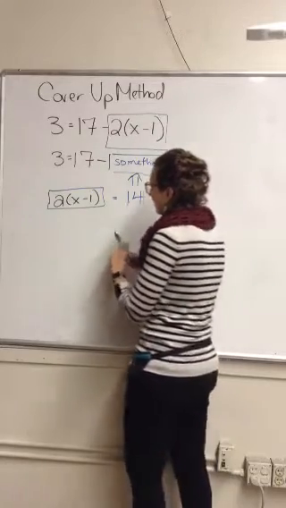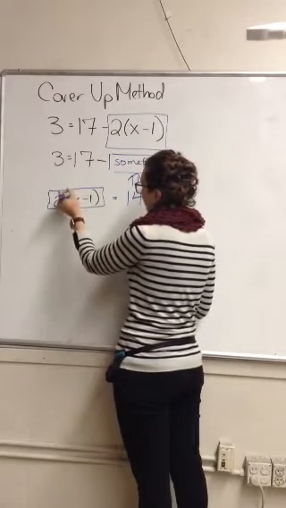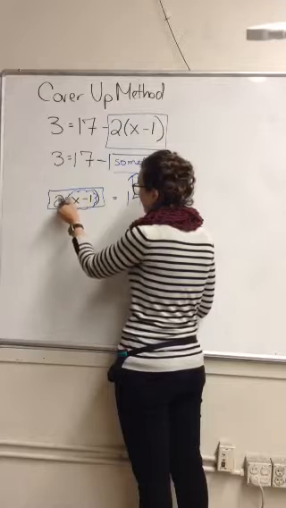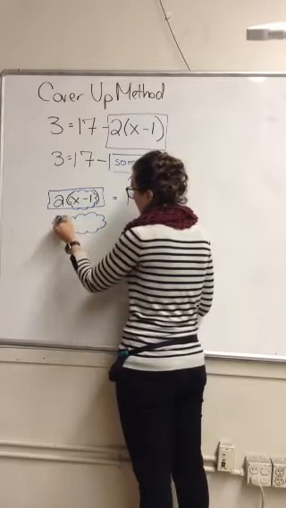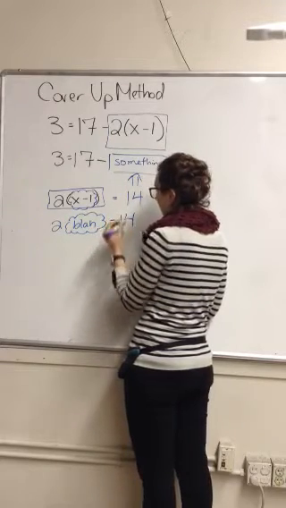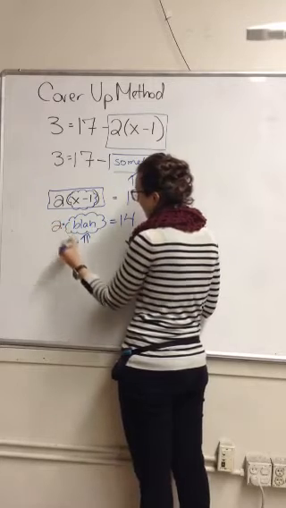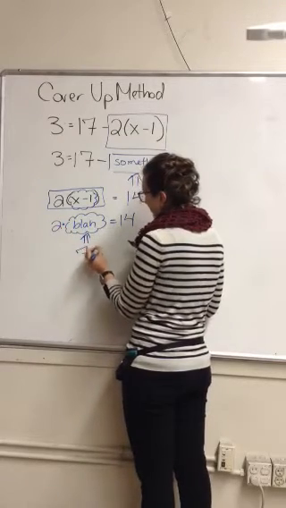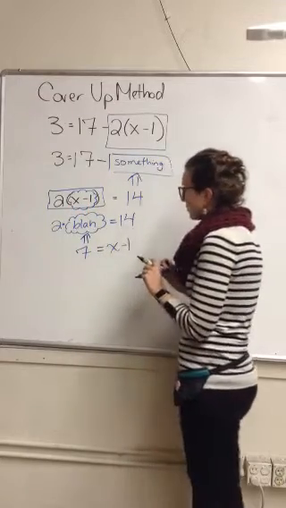I know that 2 times whatever this stuff is equals 14. And so this, we know, has to be 7. So x minus 1 is equivalent to 7, right?